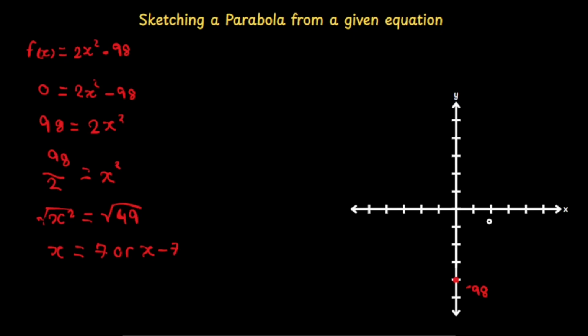So now I'm going to plot positive 7 here, and I will plot negative 7 there. Okay, so let me just label that quickly. Positive 7, negative 7, and I have all the data I need to plot this parabola. So I could simply draw it in.